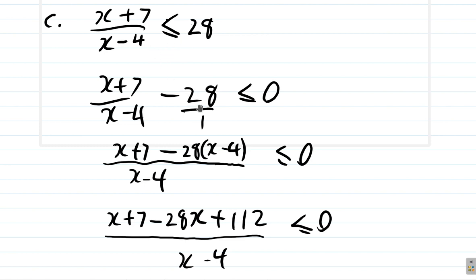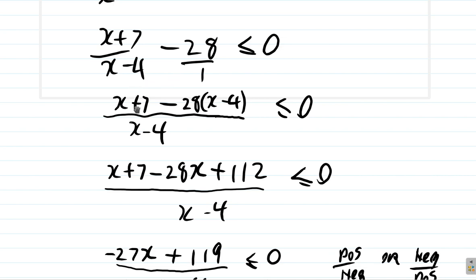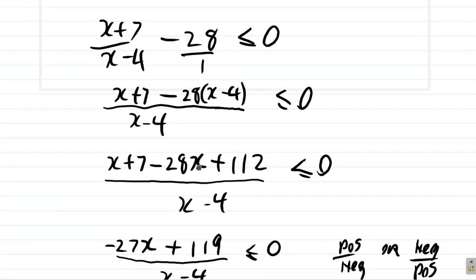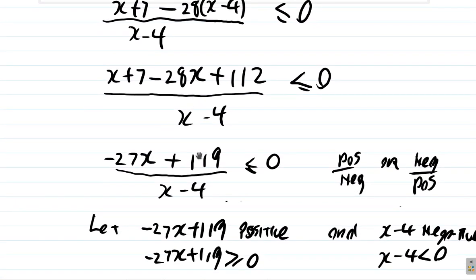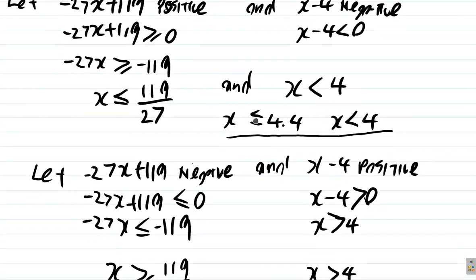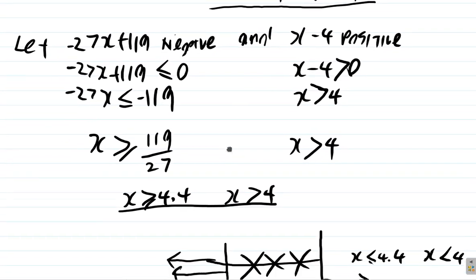So you subtract 28 from both sides, find the LCM to get just one fraction, no number or anything else mixed up with it. It's less than or equal to 0. The fact that this division is less than or equal to 0 means the numerator is positive and the denominator negative, or the numerator is negative and the denominator is positive. So you try both cases and we see our region here that works.